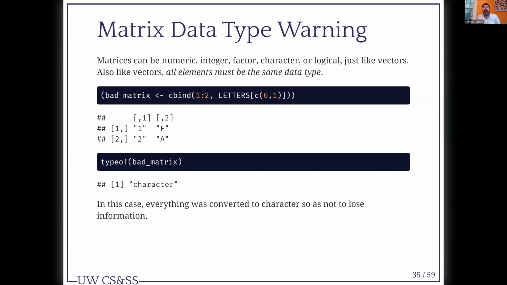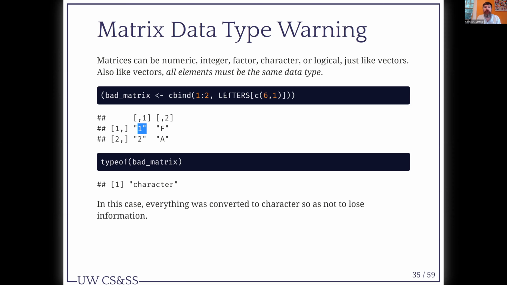So matrices can be like vectors: numeric, integer, factor, character, or logical, right? The thing is, like vectors, matrices must have all of their elements be the same data type. If I make a matrix here where I cbind together the numbers 1 and 2 and the 6th and first letters, so F and A, the resulting matrix, you'll notice the numbers are now in quotes.